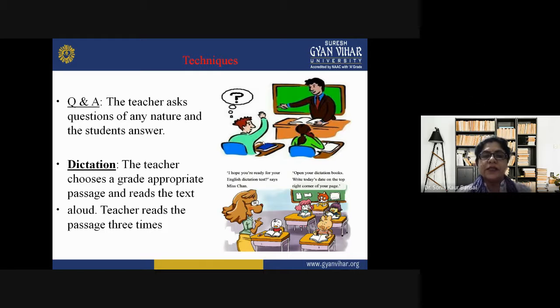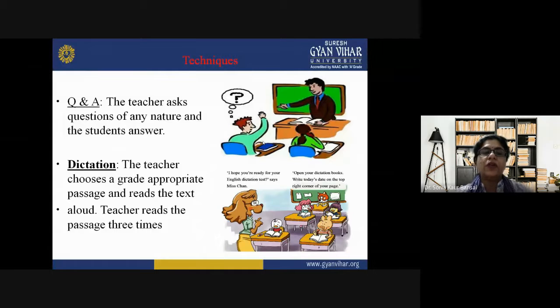Now students, let's understand something about techniques. The teacher asks questions of any nature and the students answer. Dictation: the teacher chooses a grade-appropriate passage and reads the text aloud. The teacher reads the passage 3 times. So this is actually the technique of how the teacher teaches the students through the direct method.